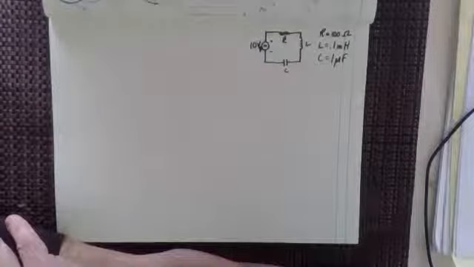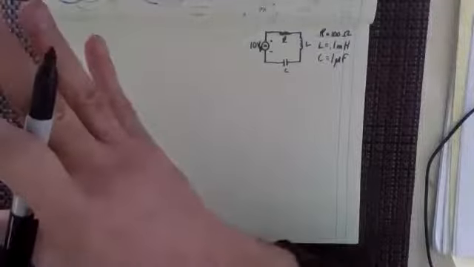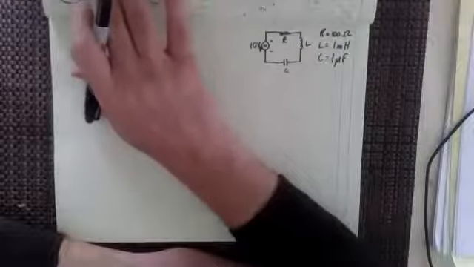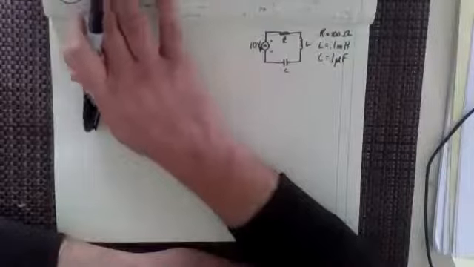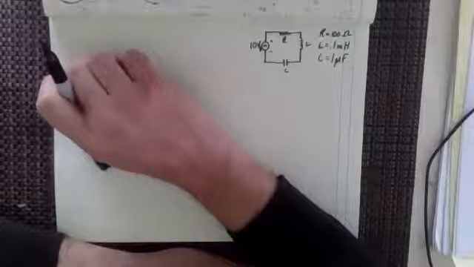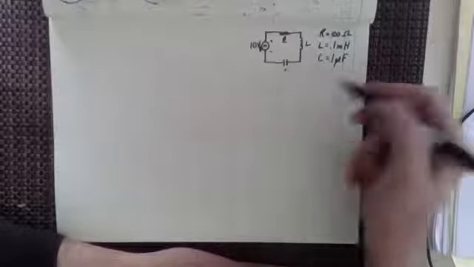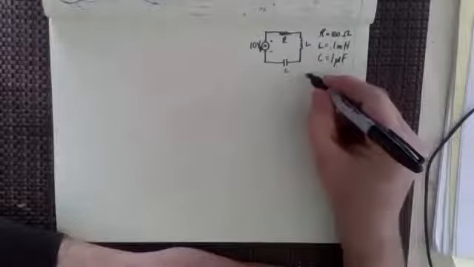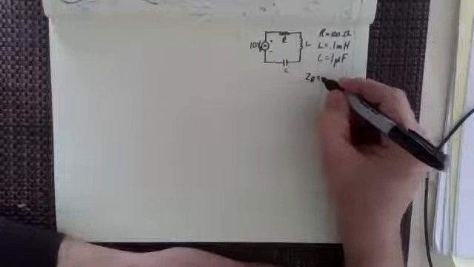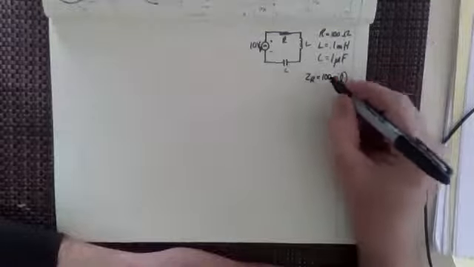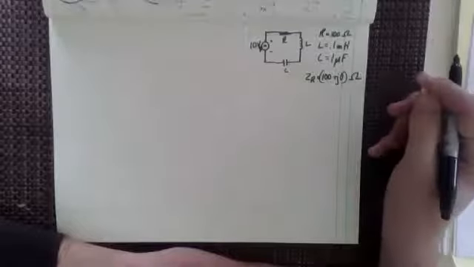The first thing that we want to do is look at what is the total, just like we looked at in DC, what was the total resistance in series going around that circuit. We've got three components in series now, and we have to find out what their impedance is going around this circuit. So I think everybody can see that for the resistor, the impedance would be 100 plus j0 ohms, right?